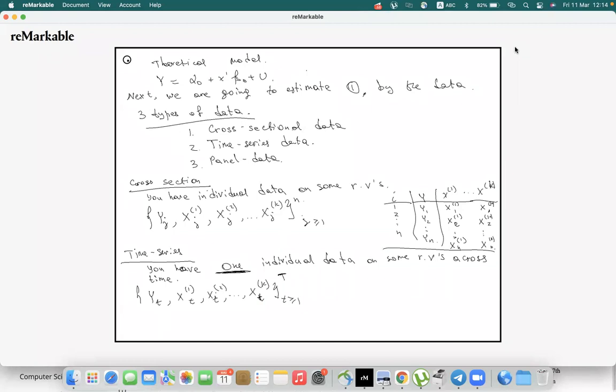Capital T. So you basically have capital T periods, and you have observations across time, but one individual. Basically, either Apple, Microsoft, or, I don't know, me, you, whatever.